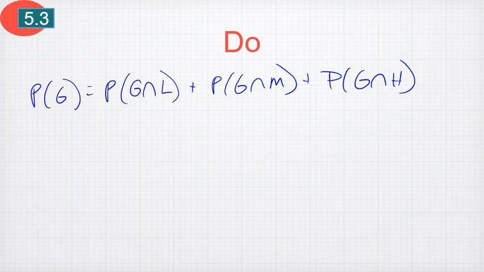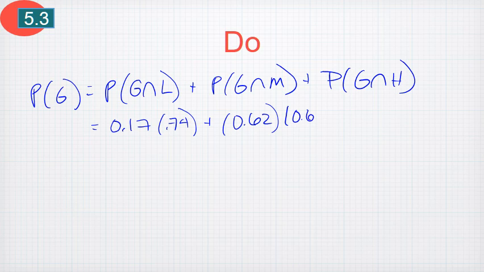So to find these, I go back to the original problem. The probability of good grades is 0.17 times 0.74, plus 0.62 times 0.68, plus 0.21 times 0.52. Again, all I'm doing is multiplying my branches.